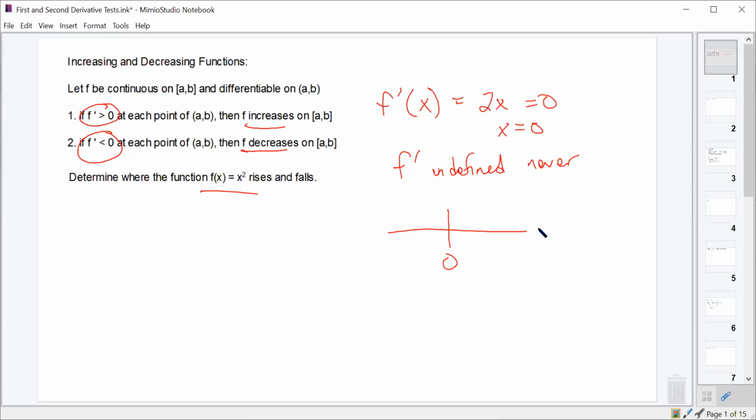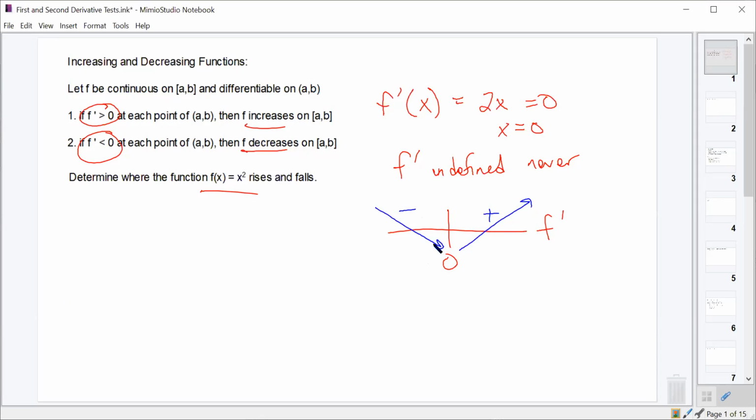And if we plug in a positive number into our derivative, do we get a positive or a negative? Positive. We get a positive, right? And if we plug in a negative number, what do we get? Negative.